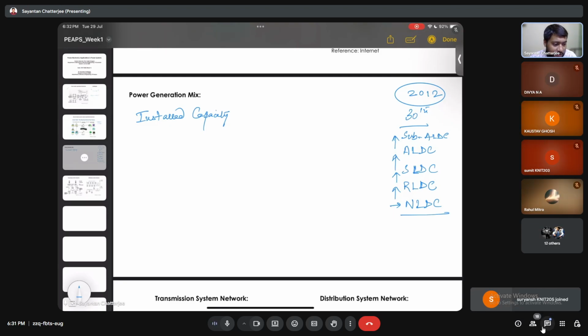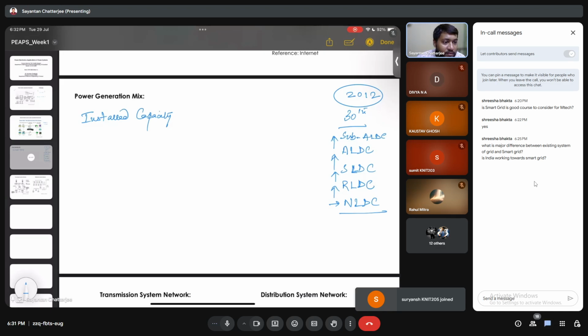And the question that you have asked: what is the major difference between the existing grid and the smart grid? Now the thing is that India is aiming towards smart grid, and how are they aiming?